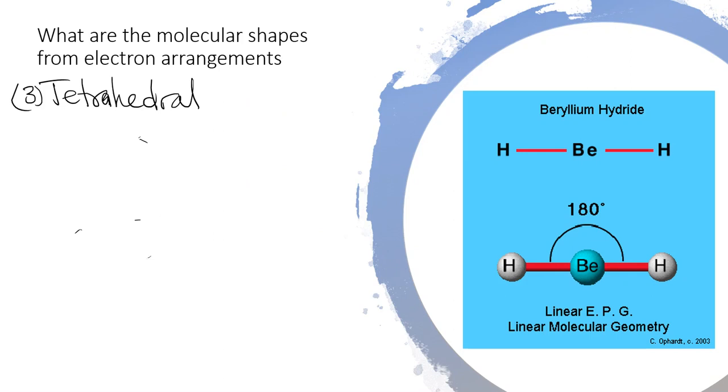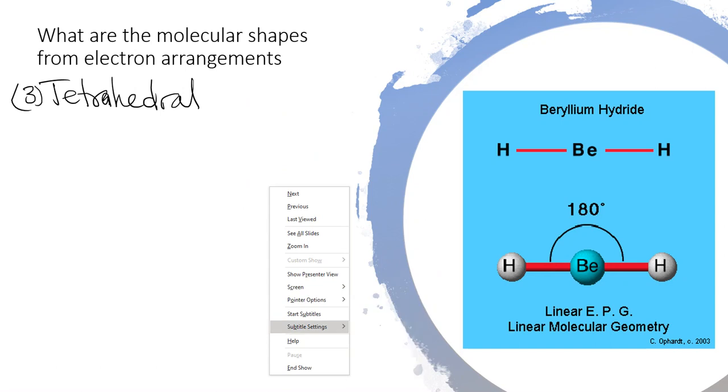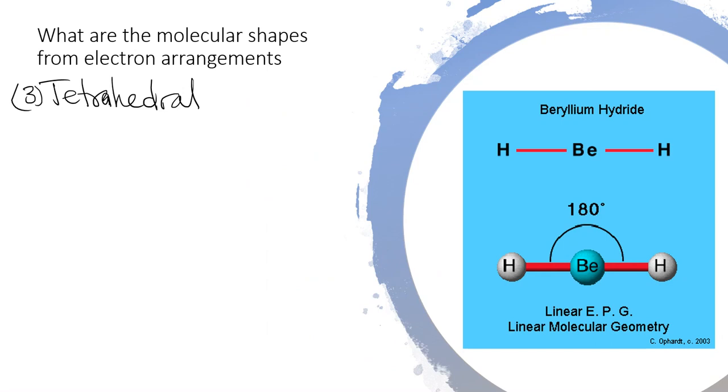So a tetrahedron is a four-sided pyramid, not three-sided pyramid. So I'm going to draw the pyramid again. So this is our pyramid. And then in here, in there.